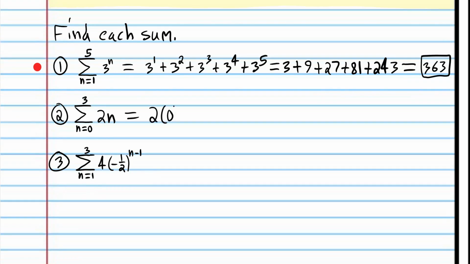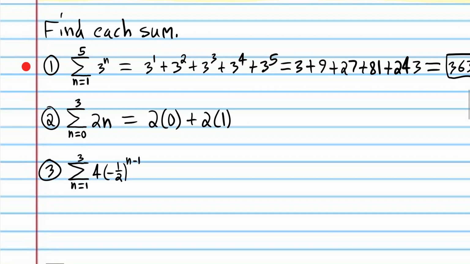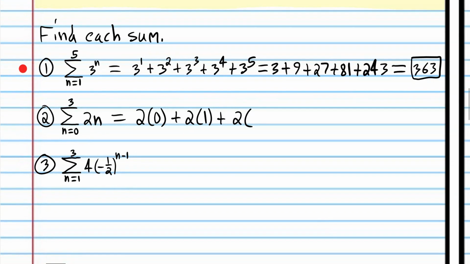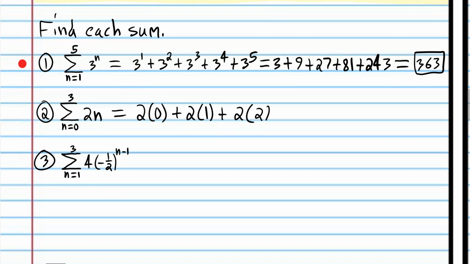Now we're going to first plug in 0. We're starting with 0. And then we're going to plug in each positive integer. And they have to be consecutive. You can't go from 0 to 5 or 5 to 10. It has to be 0, 1, 2, 3, 4, so on and so forth.